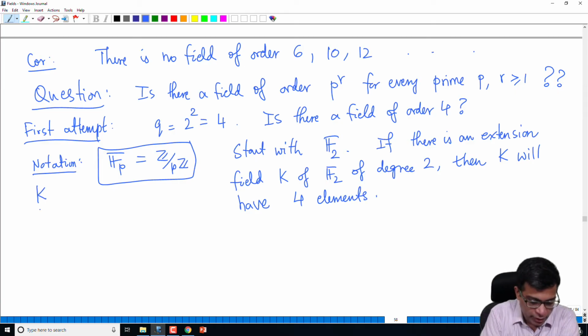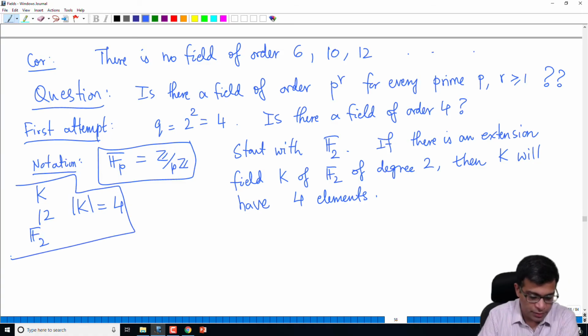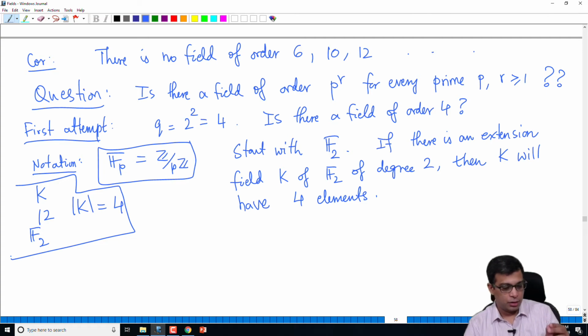So if K is a degree 2 extension of F_2, then the order of K will be 4 by the counting argument that I gave in the previous slide. Because there is a basis of 2 elements, and the coefficient of each basis element can be any of the 2 elements of F_2, so there will be 2 times 2 many elements.